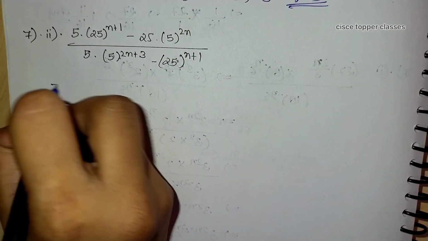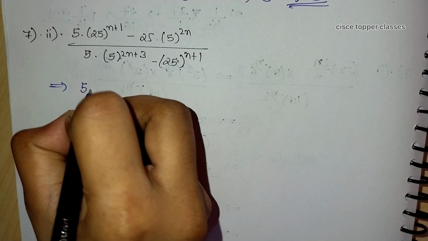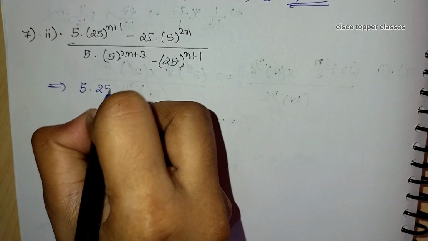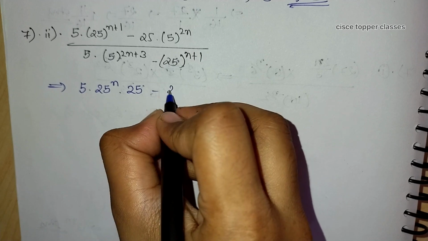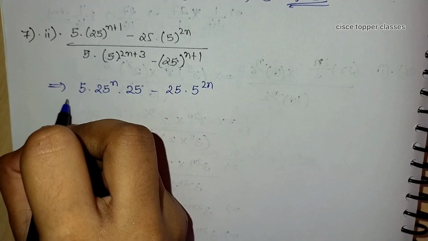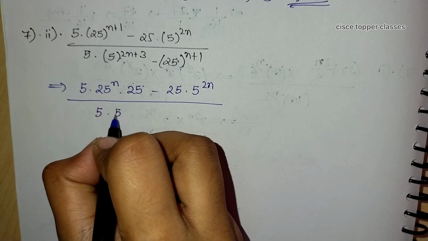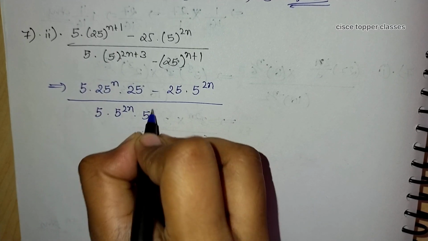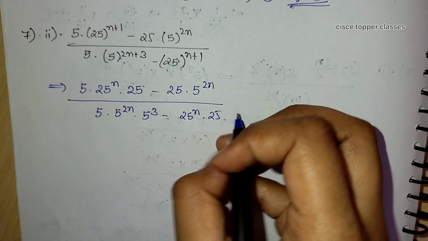Simply we can write here as 5 into, on simplifying, 25 to the power n dot 25 minus 25 dot 5 to the power 2n. So it will be 5 here, and here it will be 5 to the power 2n dot 5 to the power 3 minus 25 to the power n dot 25.